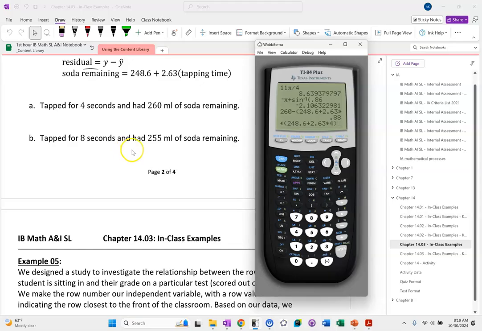Okay, let's try another. Tap for 8 seconds and then 255 remaining.